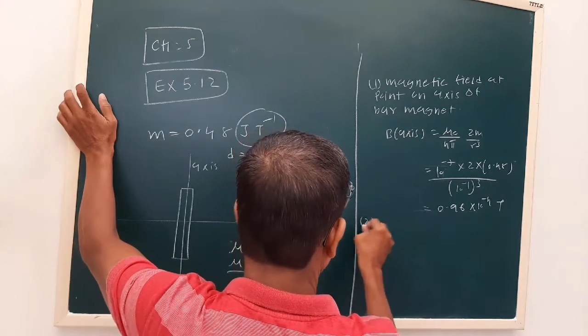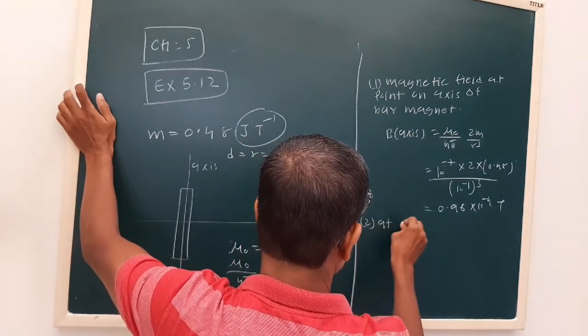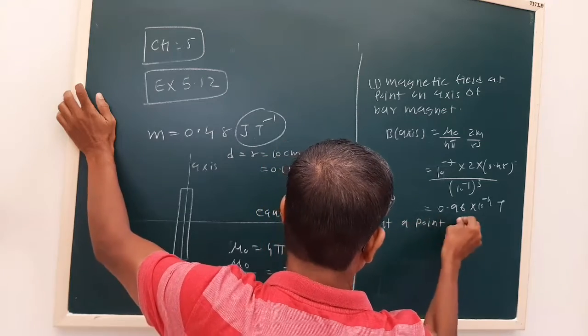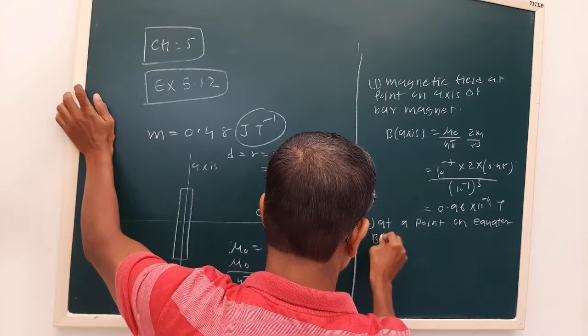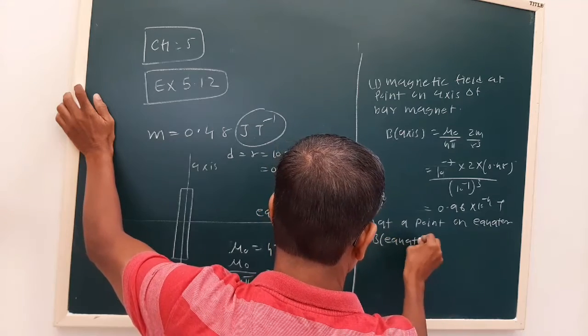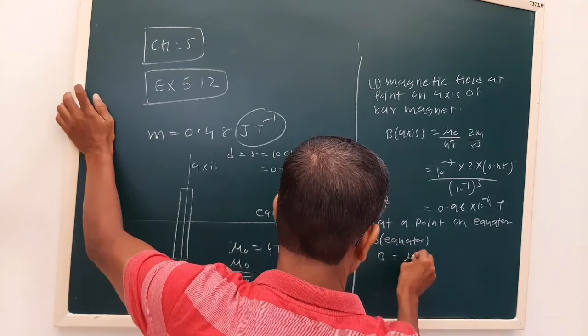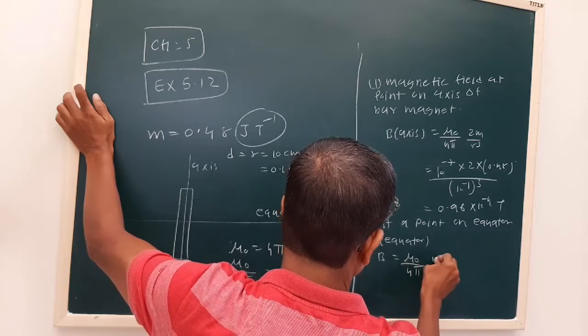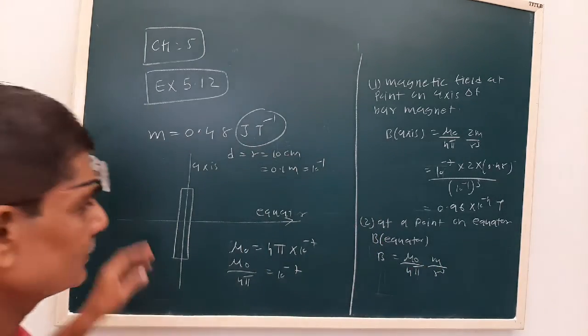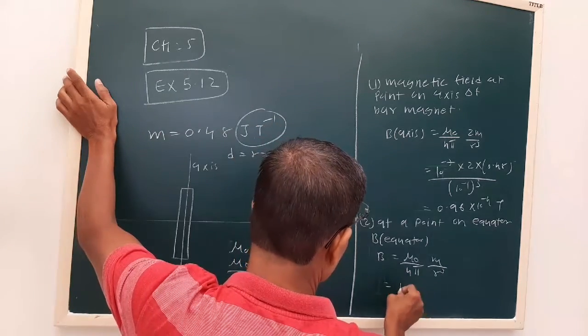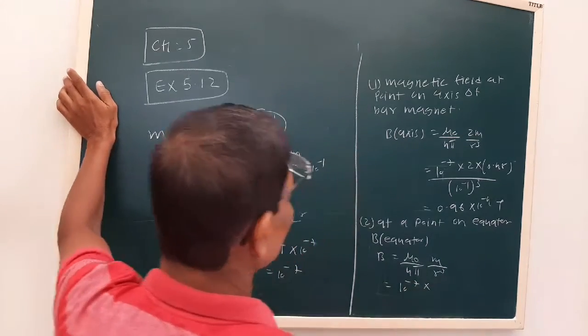Similarly, at a point on the equator, it is generally half of the value on the axis, so it is mu 0 upon 4 pi, that is 10 to the minus 7, into M upon r cubed. M is how much? 0.48.